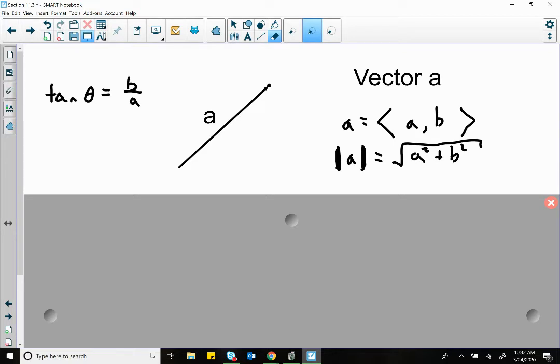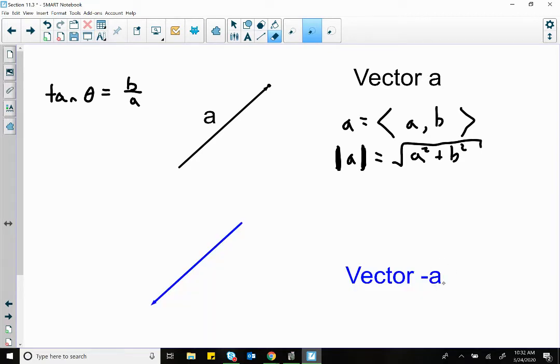We can talk about the opposite vector. We don't say negative vector, but the opposite vector. An opposite vector looks like a negative A, but it means opposite. And this is what the opposite vector of this guy would look like. You basically start at the initial point where my vectors are first starting, and opposite vectors start at that initial point right there, and they shoot off in the opposite direction.